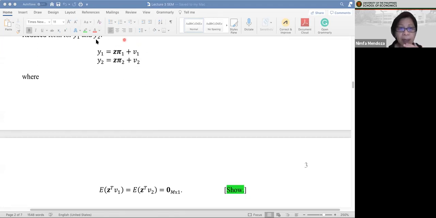So how would you estimate these reduced form equations if you want to estimate pi sub 1 and pi sub 2? How would you estimate?